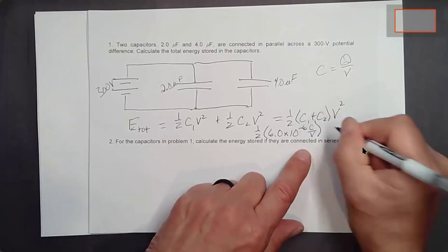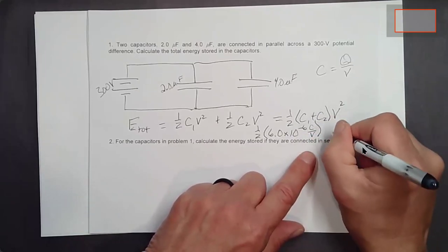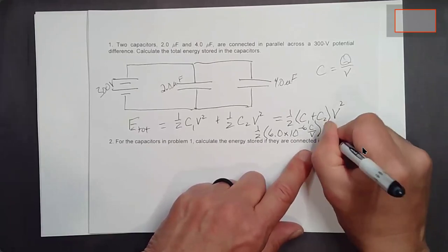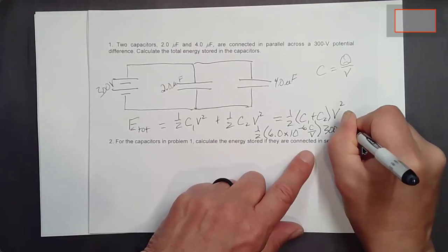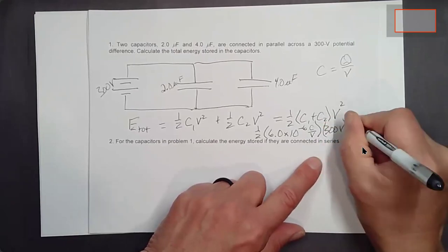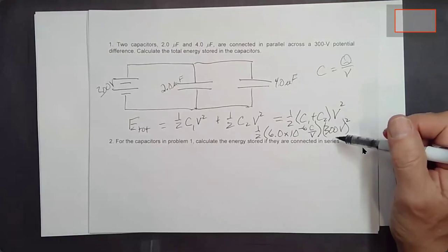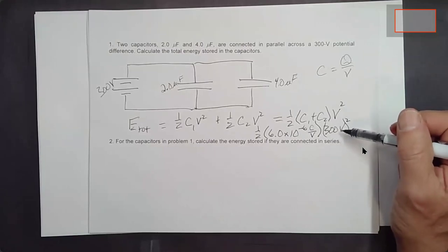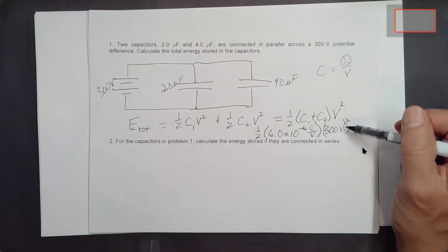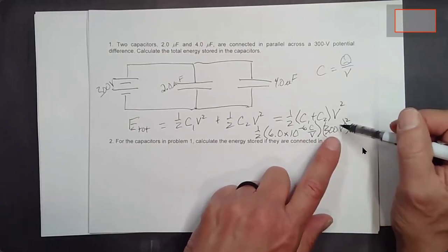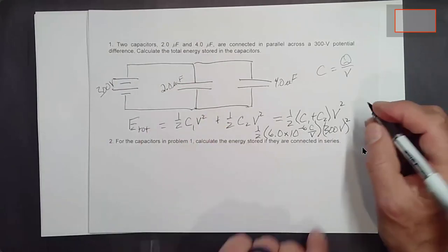So that many coulombs per volt, and then we're multiplying it by 300 volts squared, which ends up being 9 times 10 to the 4th volts squared, but that makes it coulomb volts. We'll end up with joules here.